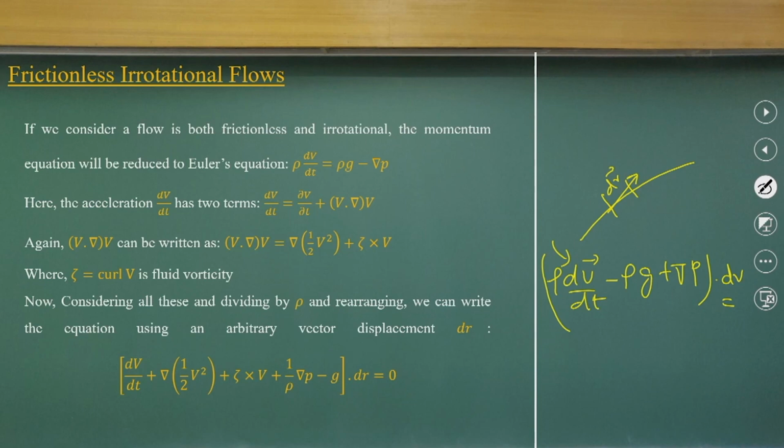If I do this, I get these terms, the interesting component, as well as the g and dr components.